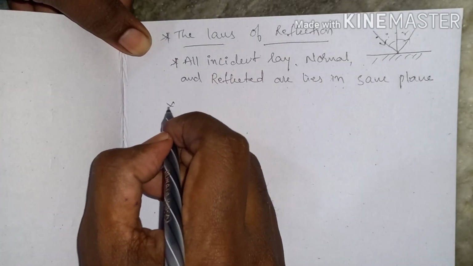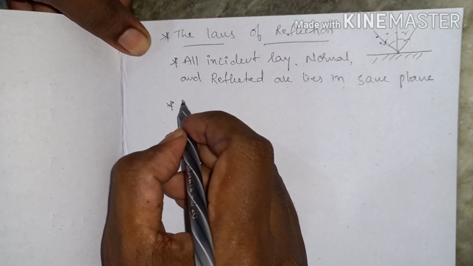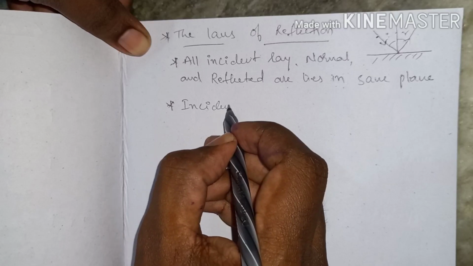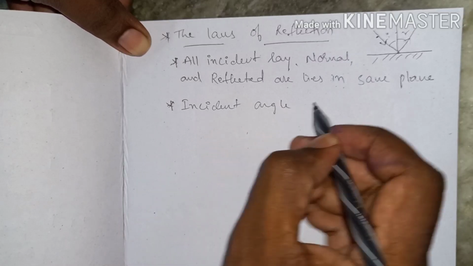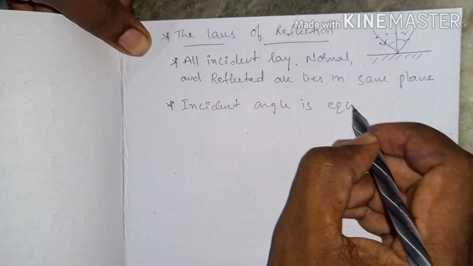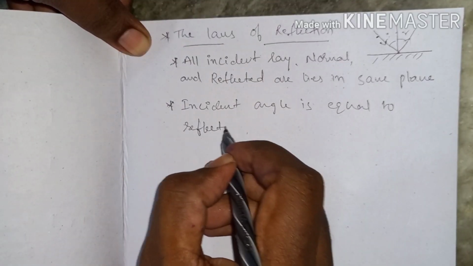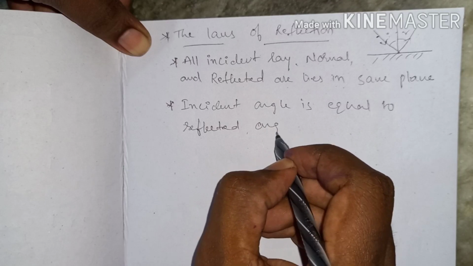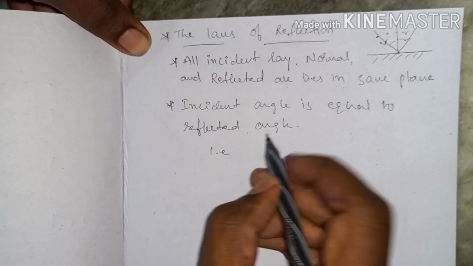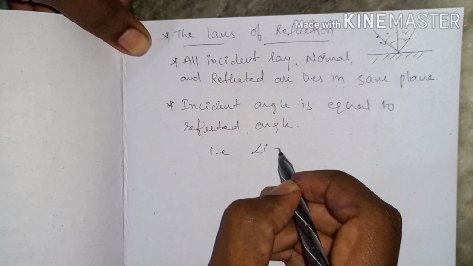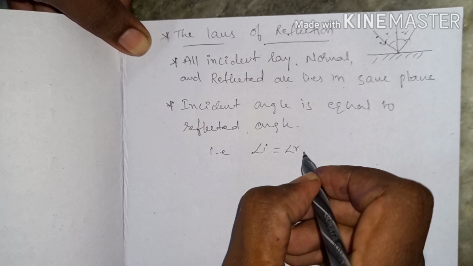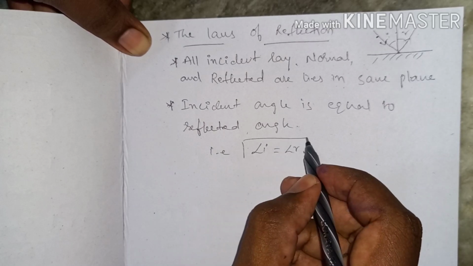The second law: the incident angle is equal to the reflected angle. That is, angle I is equal to angle R.